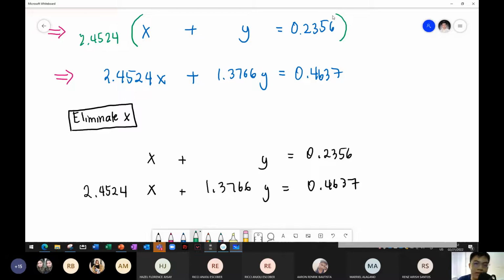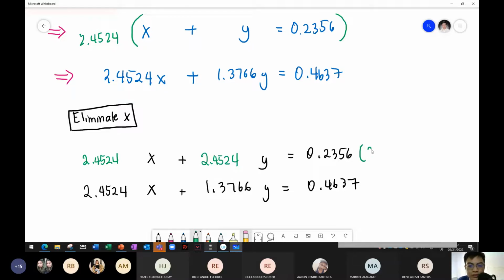Gets yan? Para same pa rin. Bakit 2.4524? Kasi yun yung coefficient ng x ko dito. Usually kung ano yung coefficient ng x mo, yun yung gagamitin mo. However, you have to multiply everything by 2.4524.